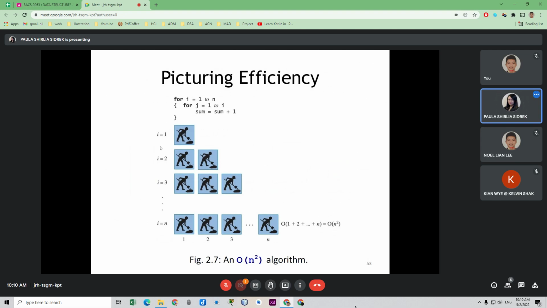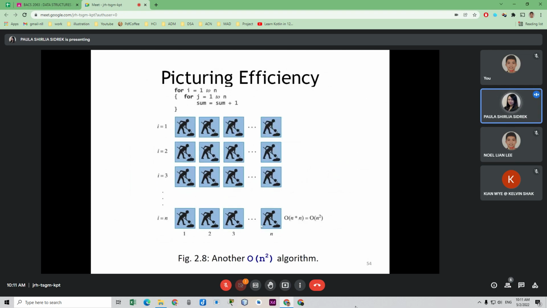So i equals 1, i equals 2, i equals 3, up to n, meaning the value of n. Right, so this is just how you picture efficiency. The more values, the more work you are doing.